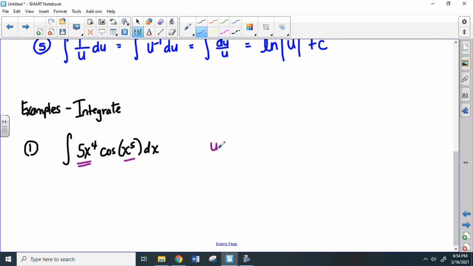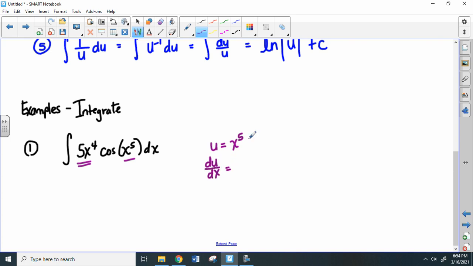All right, you need to tell me what u is. So u is a function of x, and that's going to be my x to the 5th, and I'll show you why in just a second, because then I have to take the derivative of it with respect to x.